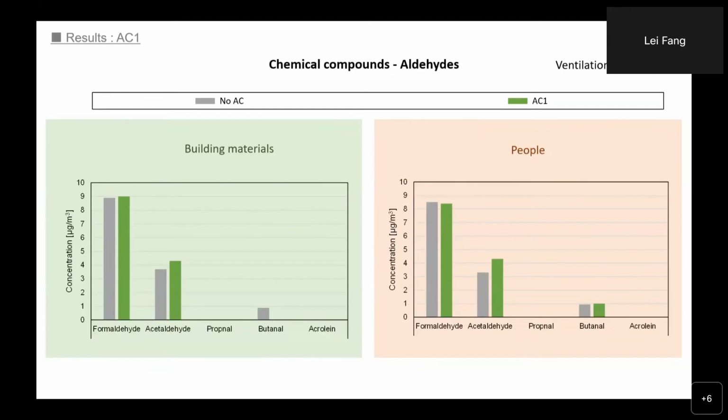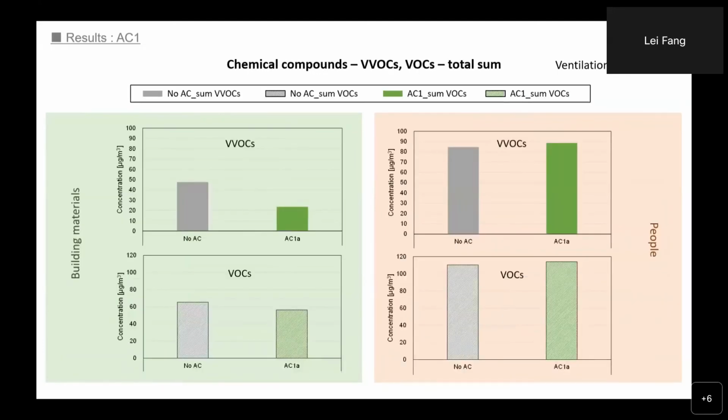So that means the air cleaner, this ionizer, did not remove any of the aldehyde from the air. For general VOCs like TVOCs, it looks like VVOCs decreased, while for others, VOC and VVOC decreased only when the air was polluted by building materials. When the building was polluted by people, there's almost no change in both VVOC and VOCs.